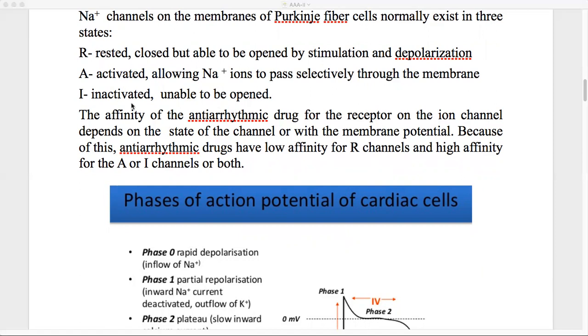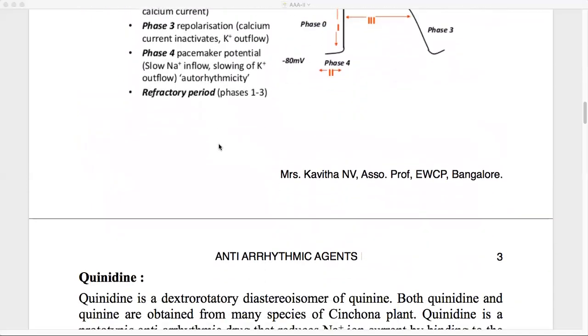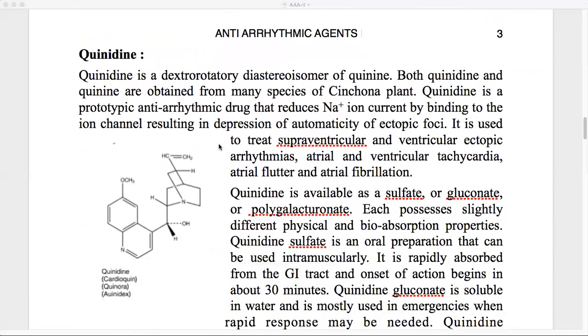Almost all the antiarrhythmic agents bind to the activated or the inactivated state of the sodium channel, or both. So this is the mechanism of action of our membrane depressant drugs.